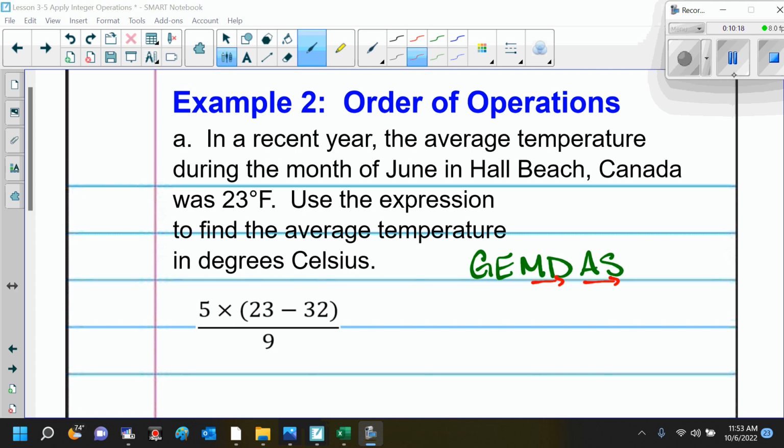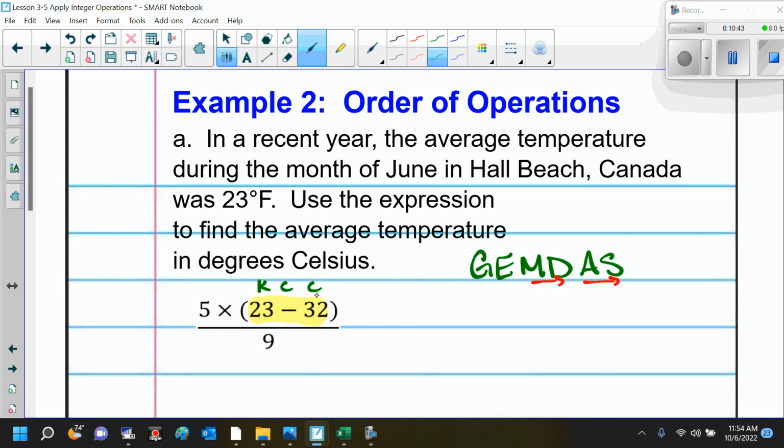So, with this one, what do we need to do first? We need to do the 23 minus 32 because that is inside the grouping symbol. So we're going to do this first. Is everybody with me? All right, so this is subtraction. What's the rule for subtraction?